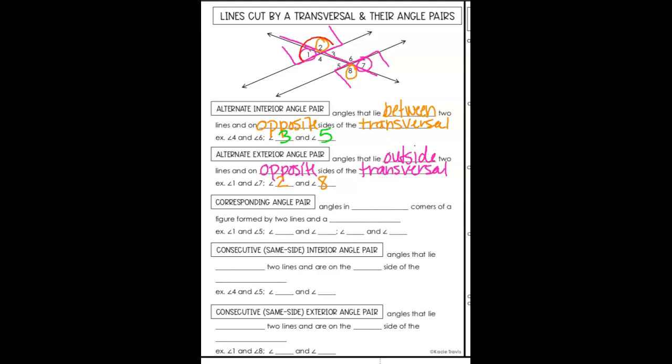If we go to corresponding angles, these are angles in matching corners of a figure formed by two lines and a transversal.